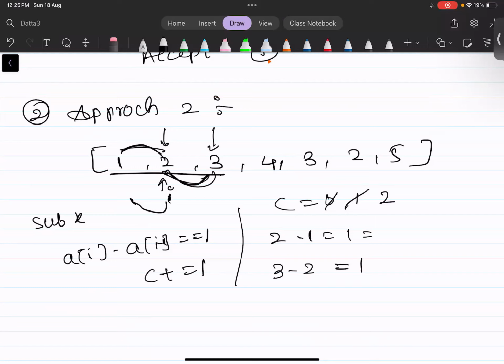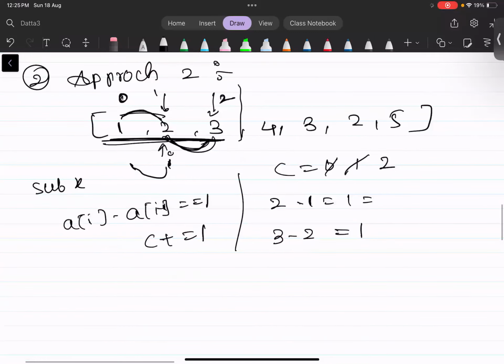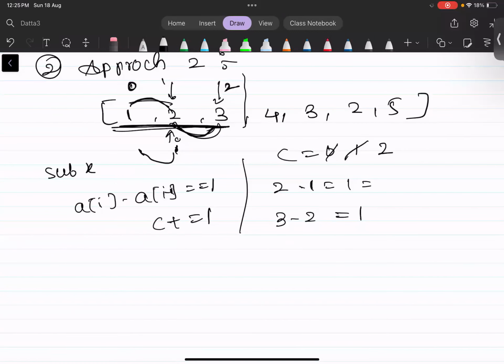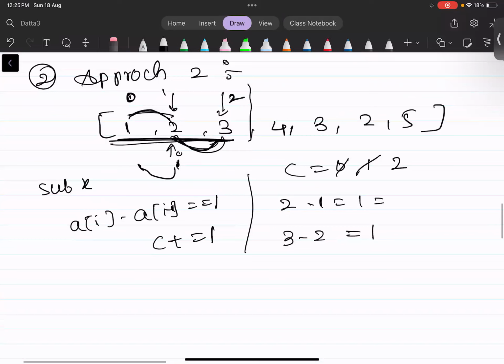Now whenever I reach index 2, it means from starting index 0 to index 2, I have a subarray of size k, right? So now I'm going to check whether the value stored in count equals k minus 1 or not.